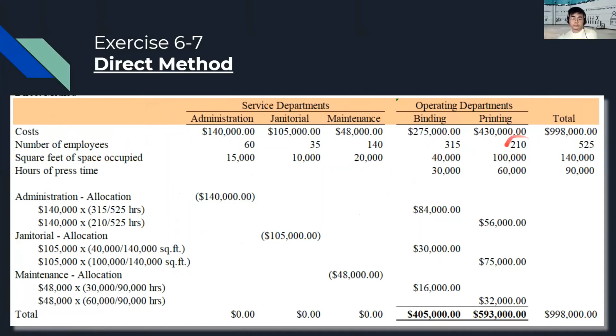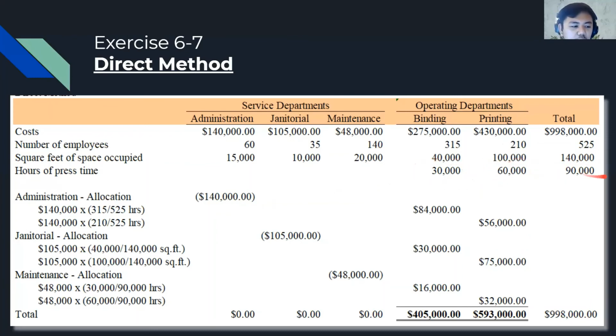For the janitorial, which will be allocated based on the square feet, we have 40,000 square feet for the binding department plus the printing of 100,000, which is equal to 140,000. And for the maintenance, based on the hours of press time, 30,000 hours plus 60,000 hours is equal to 90,000.